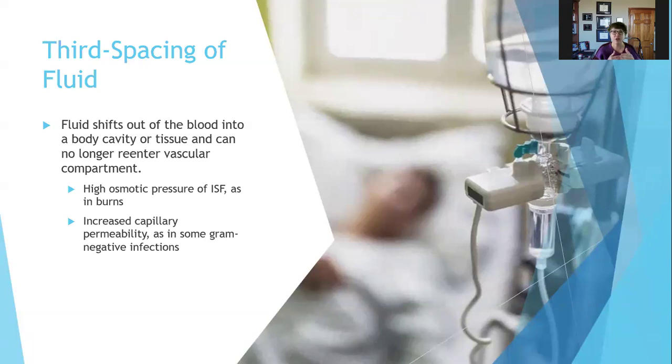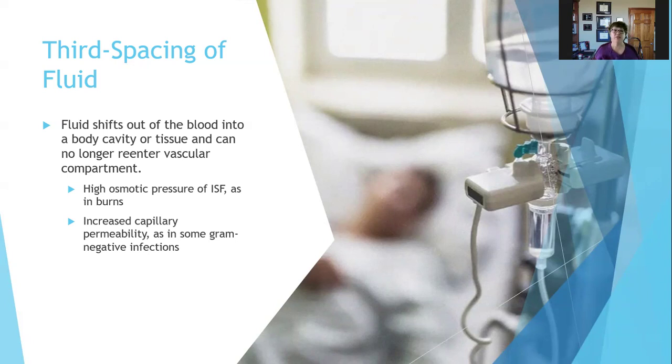There's a phenomenon called third spacing of fluid, where fluid shifts out of the blood and into a body cavity or tissue where it can't re-enter the vascular component anymore. So it gets where it's not supposed to be, basically.